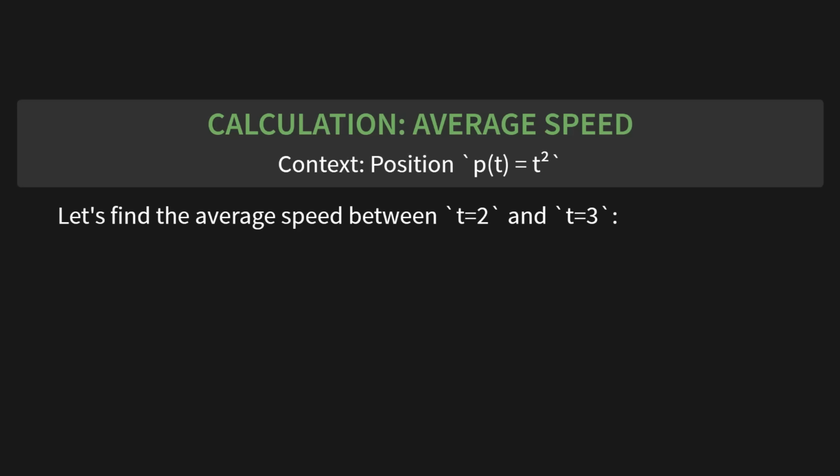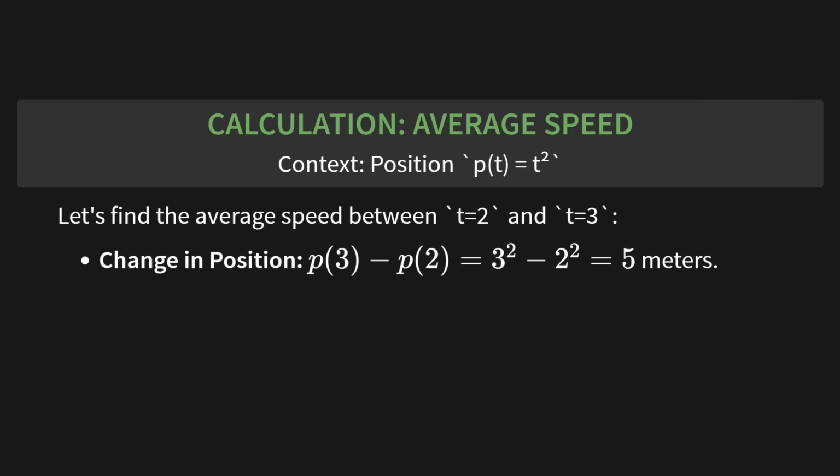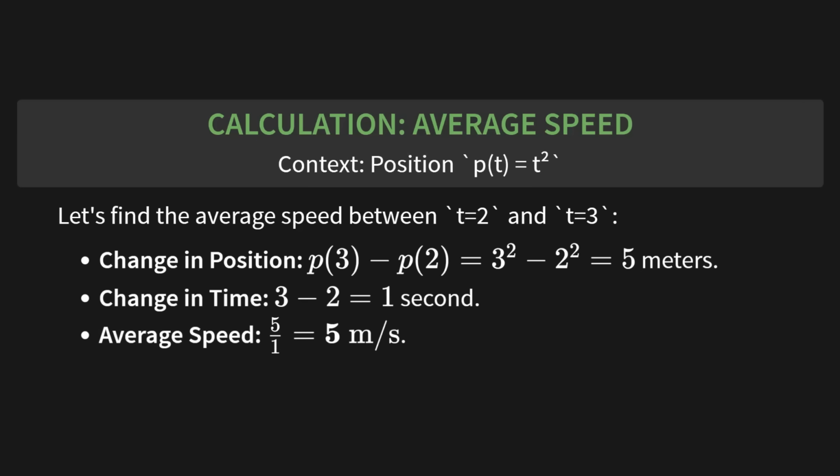Let's find the average speed between t equals 2 and t equals 3. First, the change in position. That's p of 3 minus p of 2, which is 3 squared minus 2 squared. That's 5 meters. Next, the change in time. That's just 3 minus 2, which is 1 second. So the average speed is 5 divided by 1, which gives us 5 meters per second.